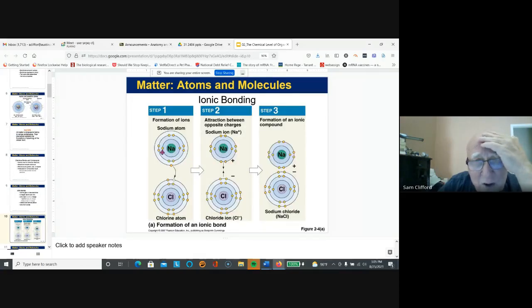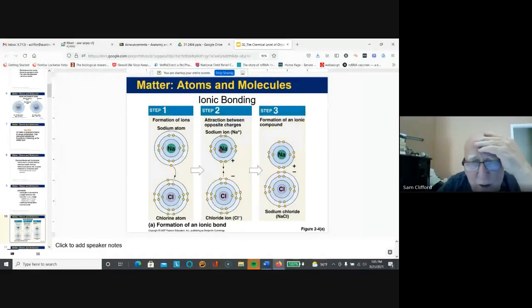So if you look at sodium chloride salt, you can see that sodium has 10 electrons, chlorine has 17. So sodium gives up 1 electron. Well, sodium has 11. 1, 2, 3, 4, 5, 6, 7, 8. Yeah, 11.